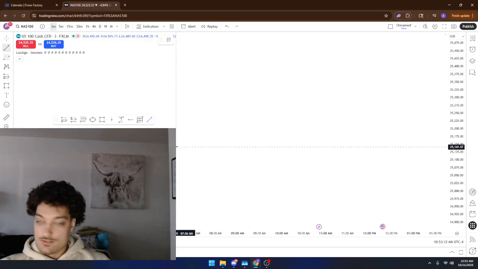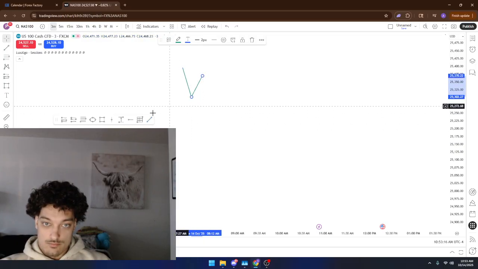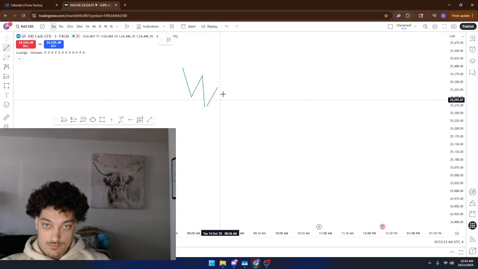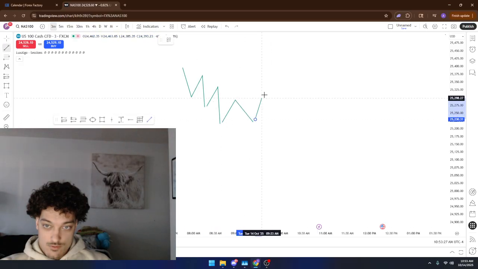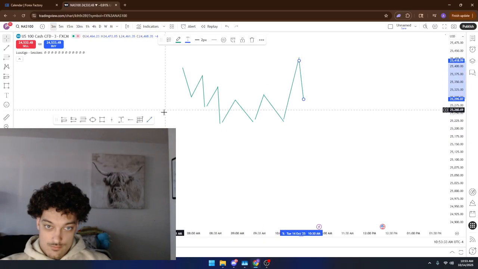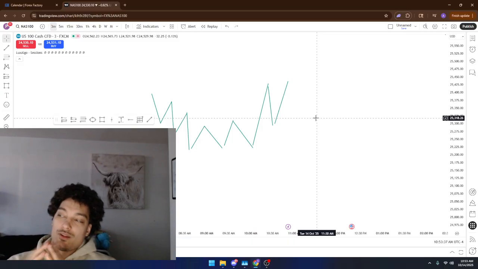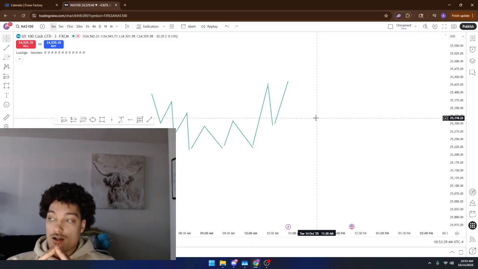Do an example first. That's a downtrend. Okay, so a breaker block is basically a failed order block.